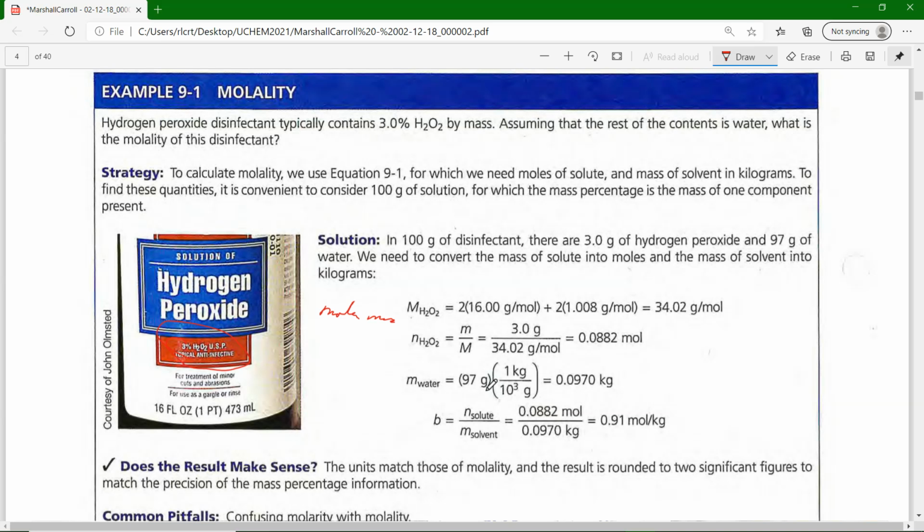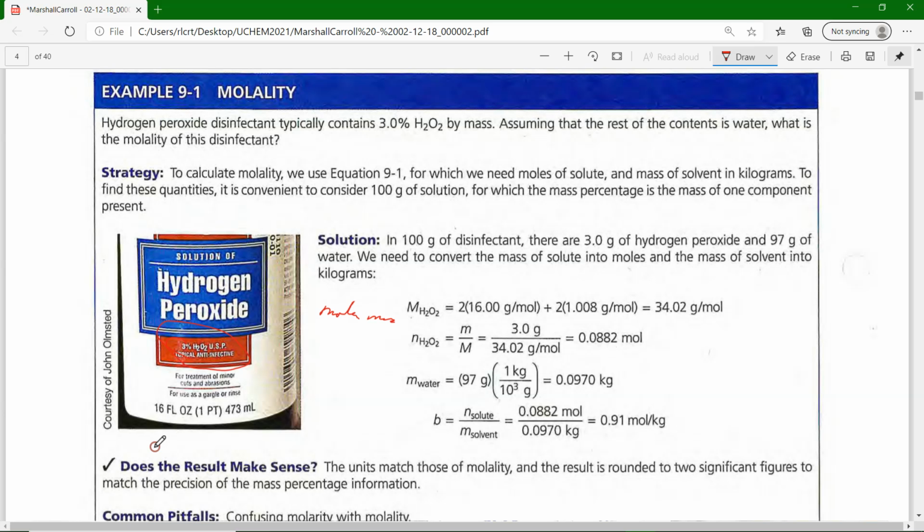We could try to get molarity here. That'll be moles of solute per liter of solution. So the moles of solute is 0.0882. The liter of solution, now we don't know what that is. We can make an assumption that 100 grams, if it's mostly water, is going to be close to 100 mL or 0.1 liters. So I could divide by 0.1 and go to 0.882 molarity.